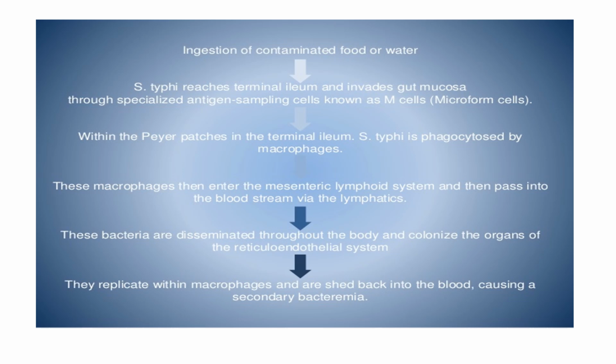So in the primary bacteremia, they disseminate throughout the body and colonize especially the organs of the reticuloendothelial system, and from there they again enter the blood, causing secondary bacteremia. This is very important: when secondary bacteremia occurs, the symptoms start to develop in the patient.